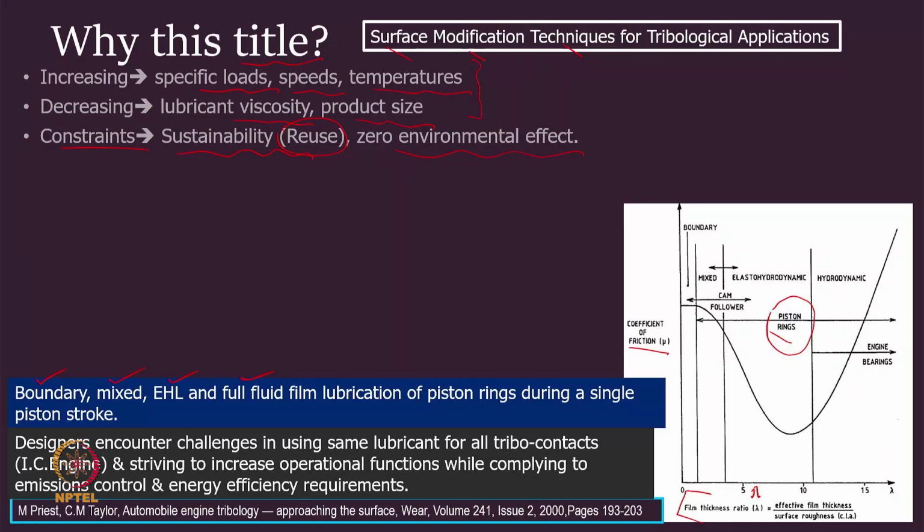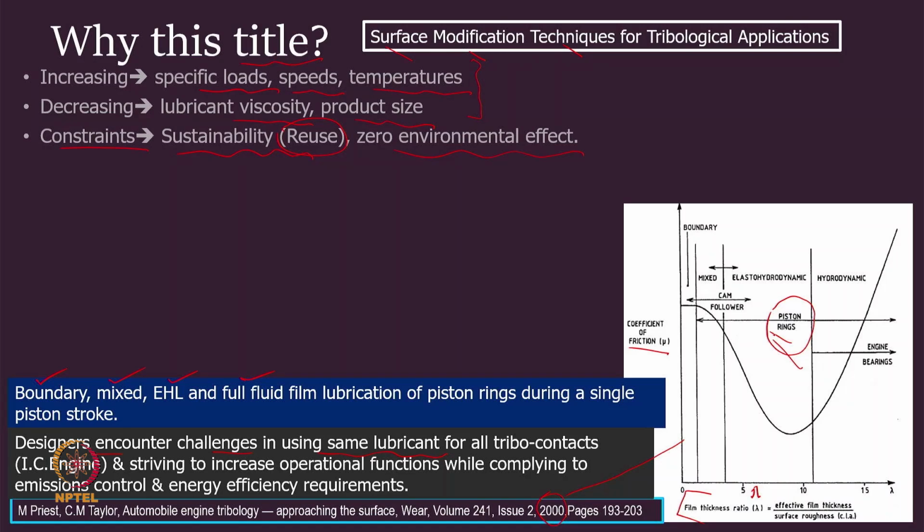I picked up this figure from a publication published in 2000 by Priest and Taylor, and what they mention in their paper is that the designer encounters challenges in using the same lubricant. The interesting thing is that in an IC engine we use the same lubricant. That lubricant will be used for the piston ring, for the cam and follower, and for the engine bearing.